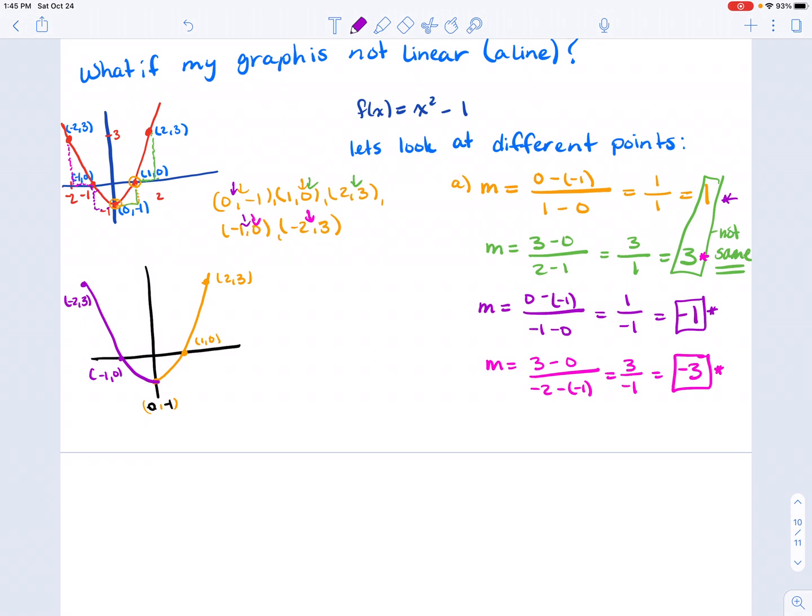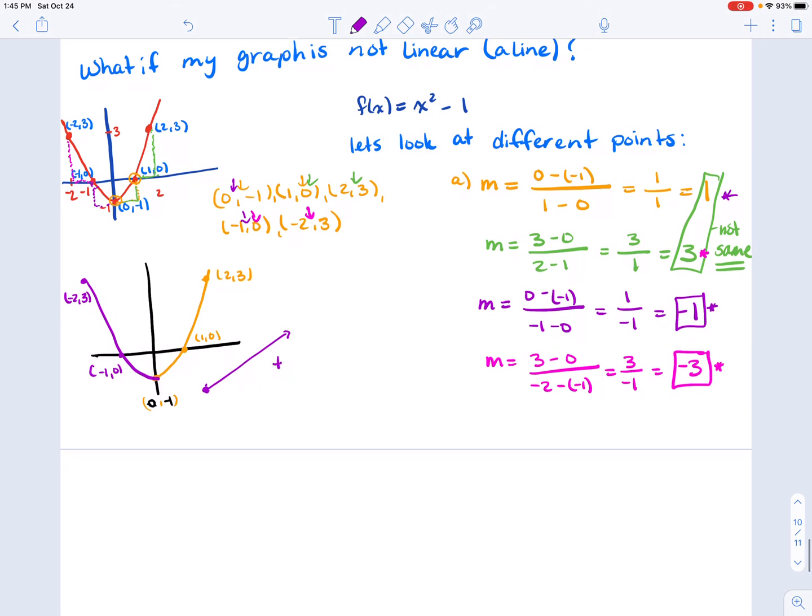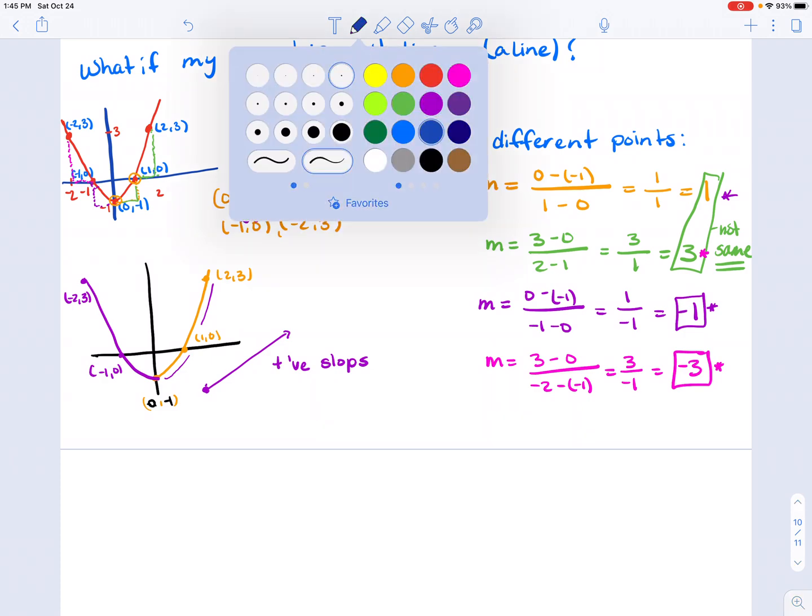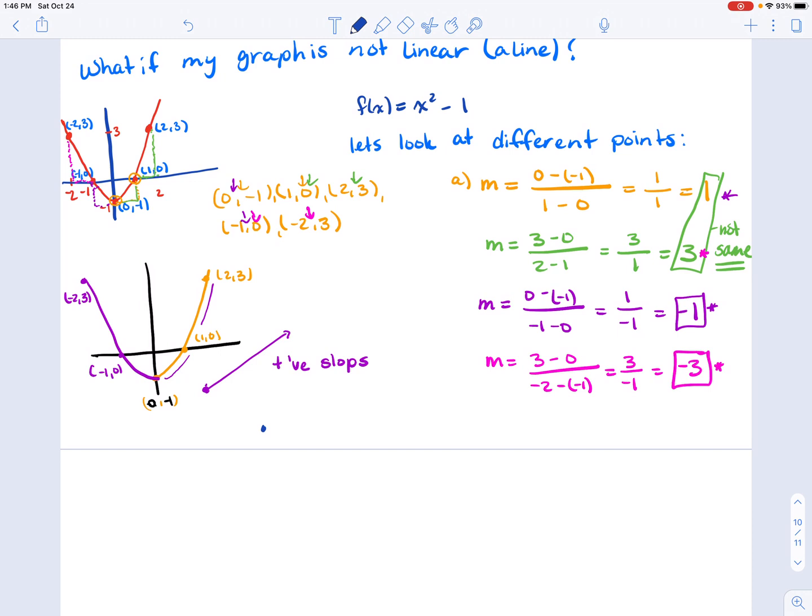Anything lying in a left to right direction, so if I started at this dot and rose up and to the right, these are going to be positive slopes. So that makes sense for the orange line here, because all of these are lying up towards the right. Now if I look at the other side, they're going the opposite direction.